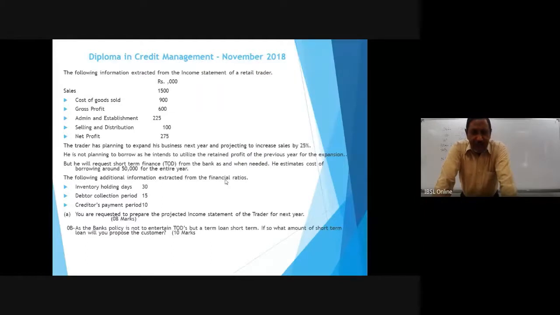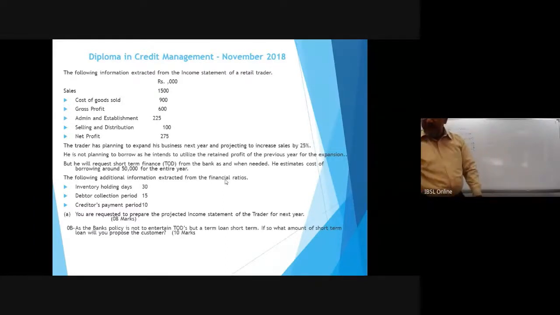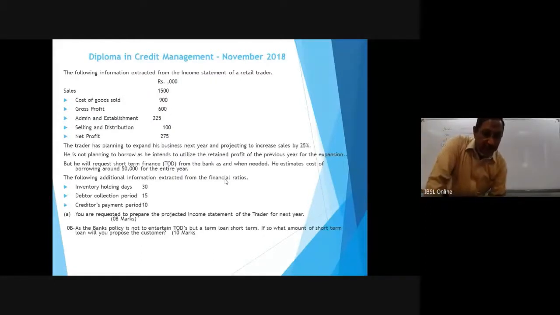Good idea. But he will request short-term finance, TOD, from the bank as and when needed. He estimates cost of borrowing around 50,000. So cost of borrowing will be 50,000, financial cost. This is a new one. Financial cost 50,000. Okay. These will be the figures.